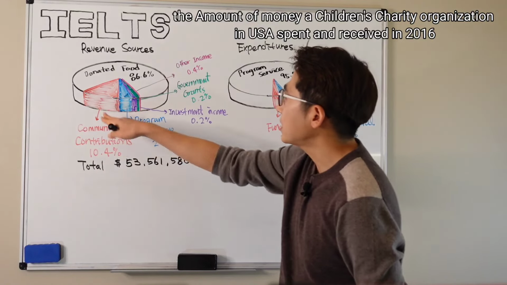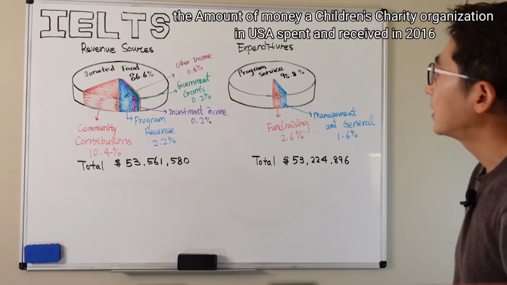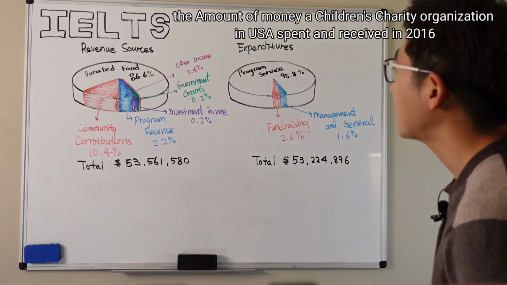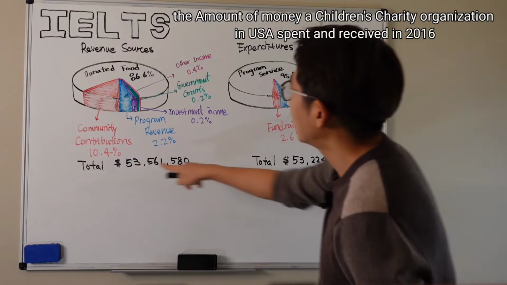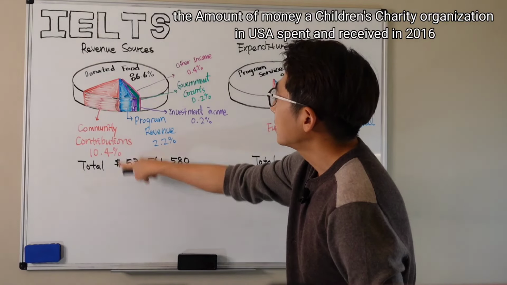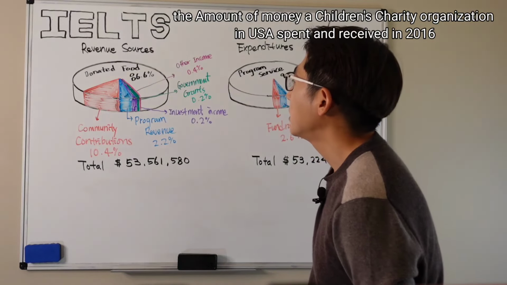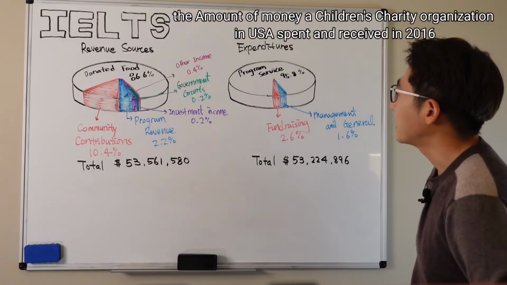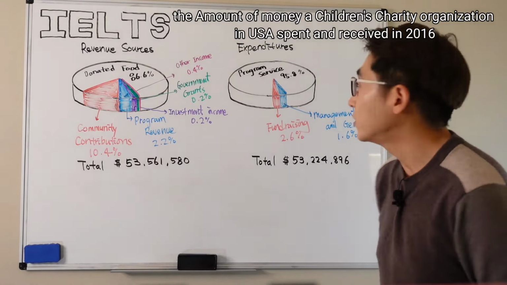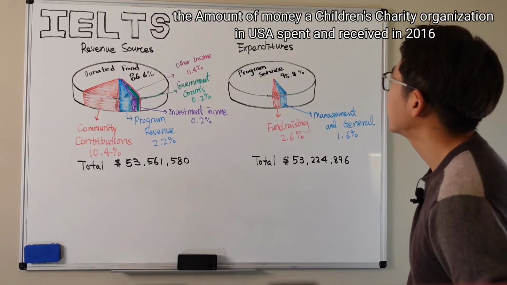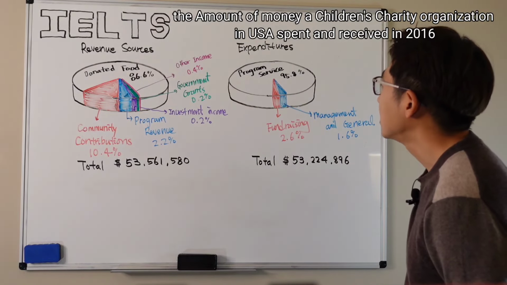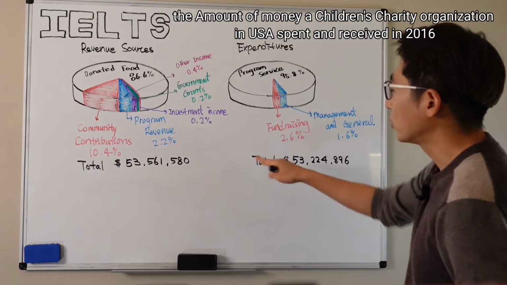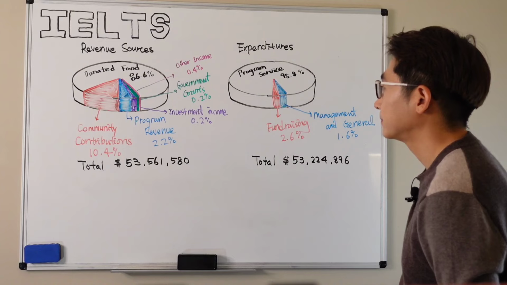Okay, so let's take a look and find some similarities. The first thing that we notice is that over here in revenue sources, donated food takes up most of the income they earned. And over here in expenditures, we know that program service was the main source of expenses where the organization spent their money.